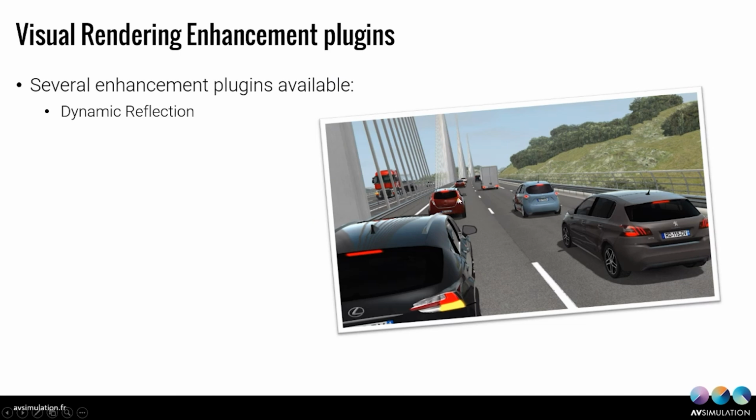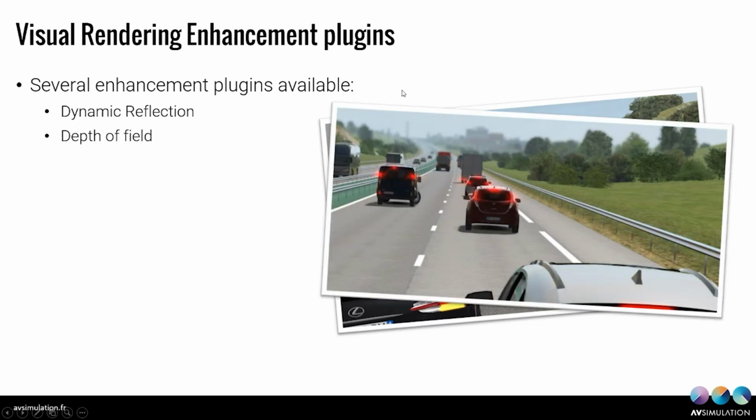Here we see the reflection of the other car. This is one of the plugins. Another plugin would be the depth of field, which can be activated and configured. As you can see, the further the rendering goes, the blurrier it gets.